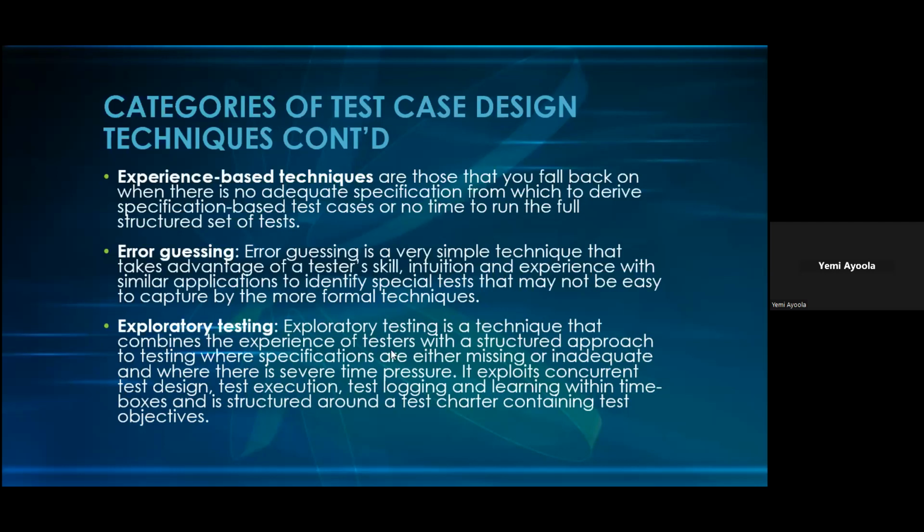It's a very simple technique that takes advantage of tester skills. So it takes advantage of your skills, your intuition, your thinking, your experience. That is the way error guessing is. Like now, you've worked in this. You can just be bringing out, okay, we can test this phase of it. We can do this. We can do that. Those are the things that error guessing goes with.